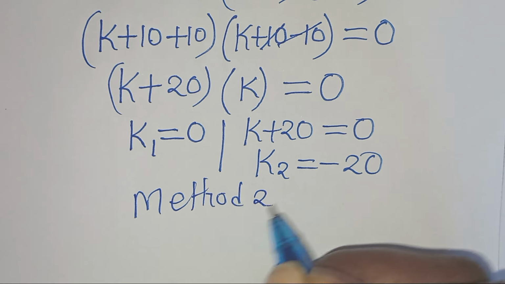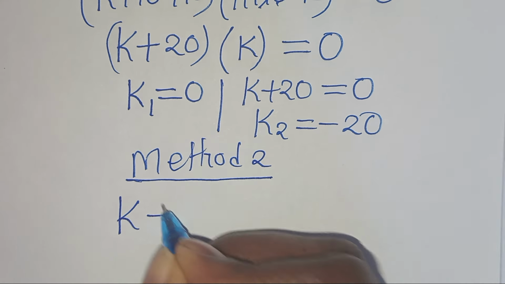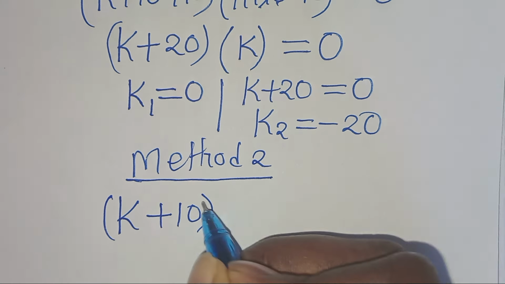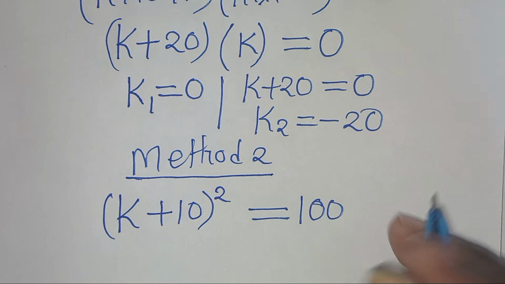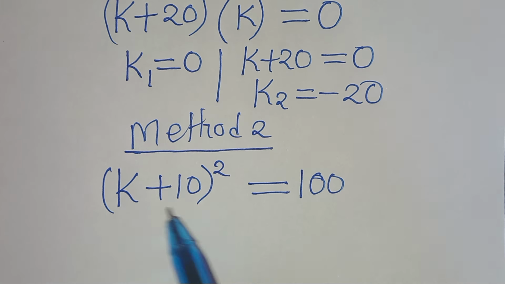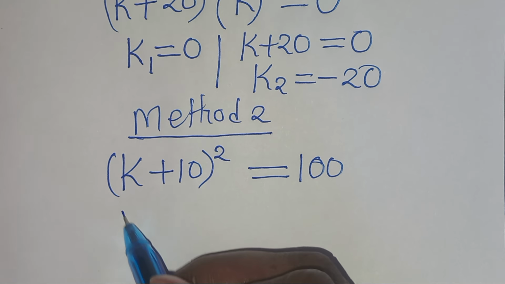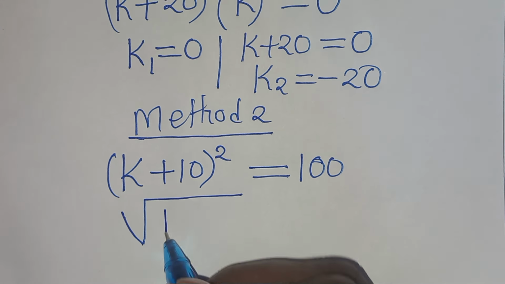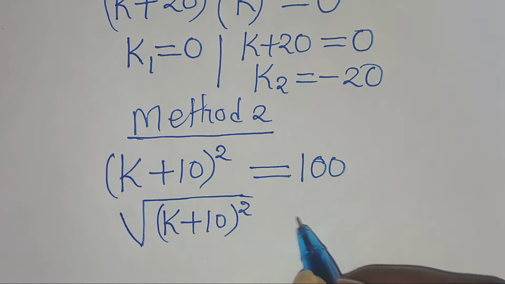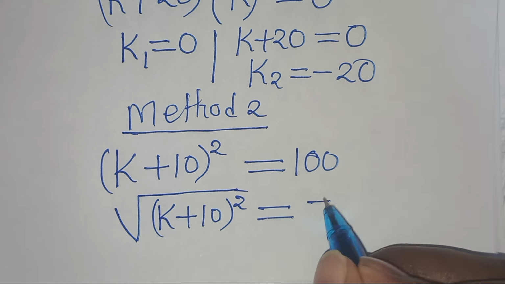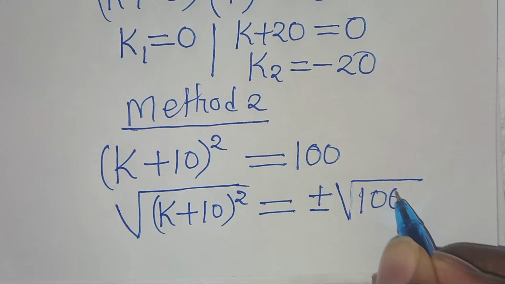Method 2. We have (k + 10)^2 = 100. From here, we can directly take the square root on both sides, so that we have the square root of (k + 10)^2 equals plus or minus the square root of 100.